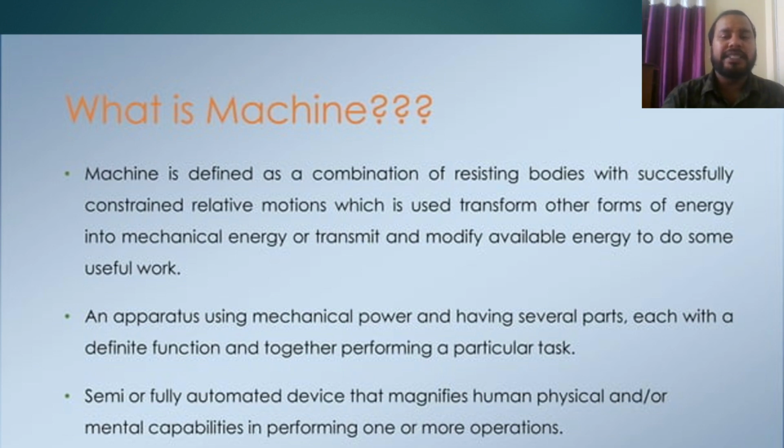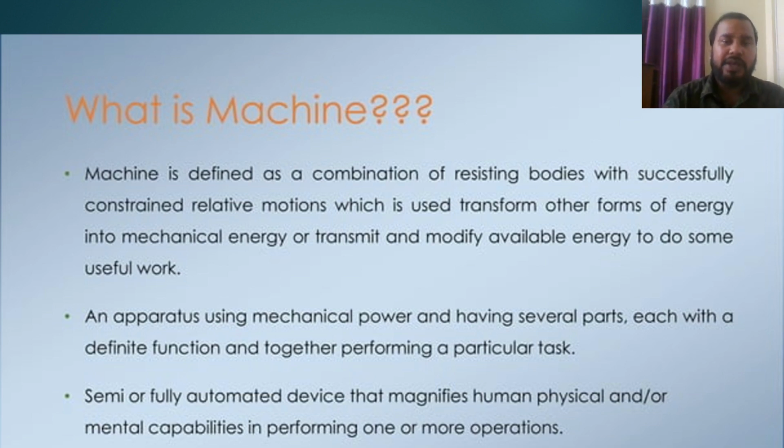So an apparatus using mechanical power and having several parts, each with a defined function, together performing a particular task. Okay. An apparatus is also called a machine, using the mechanical power, and it has several different types of parts.